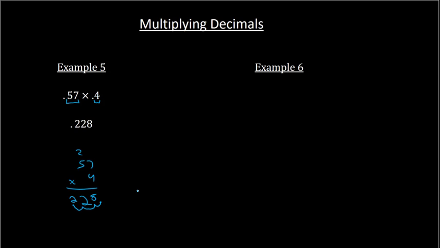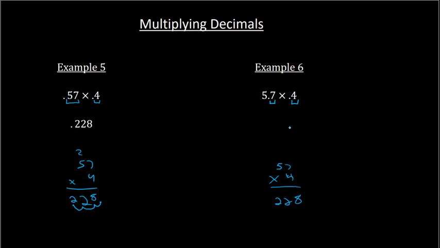Example 6, we have 5.7 times 0.4. So again, we take the numbers 57 and 4, multiply like normal, and we already said with example 5 that would give us 228. Now here, to figure out where the decimal point goes, we have one digit after the decimal point for the 5.7, and then one digit after the decimal point with the 0.4.